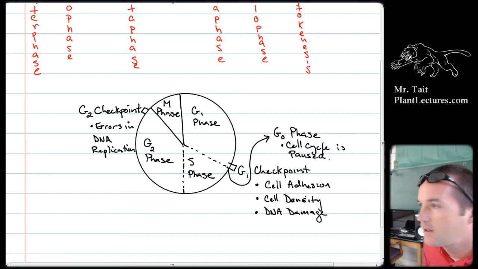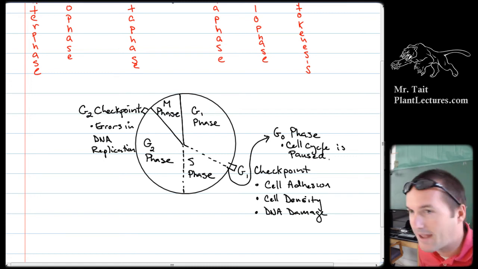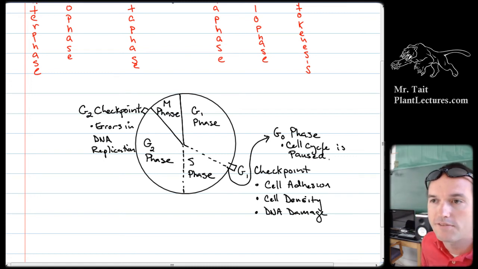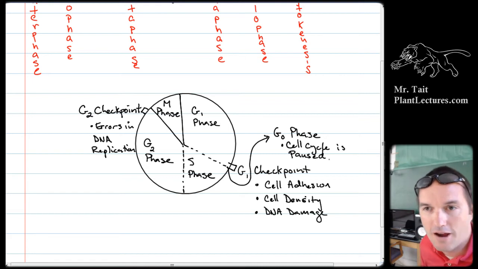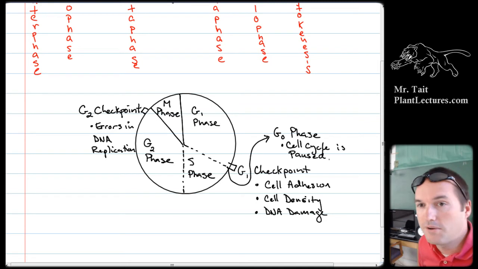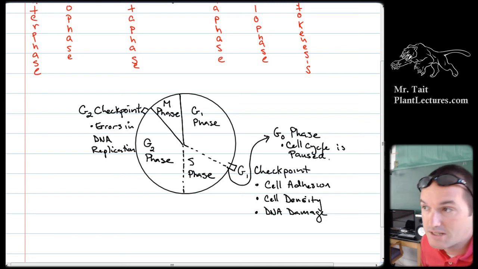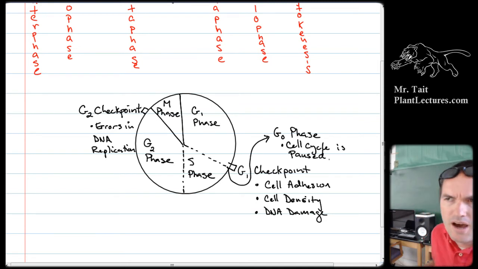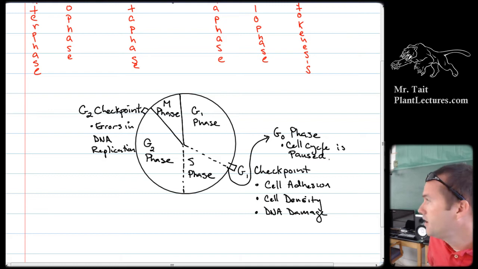Your muscle cells are constantly in this G1 phase. So if you don't damage your muscles, if there's no lactic acid buildup that causes your muscle cells to get hurt, if your muscle cells don't tear because you're doing some strenuous activity, then your muscle cells don't need to divide. And it takes a lot of energy to make new muscle cells, and so it's actually good from an evolutionary standpoint to have them not be constantly dividing, right?